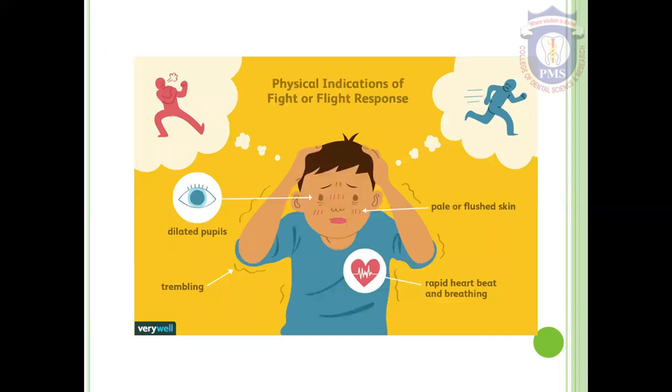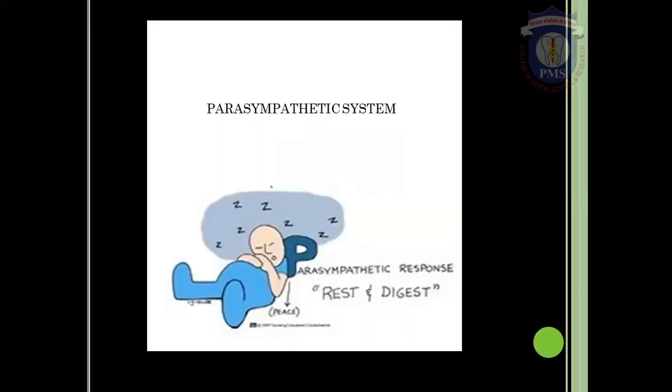It is the agent which helps us in the fight or flight response. The parasympathetic system is also known as the system of rest and digest. The main neurotransmitter involved in the parasympathetic system is acetylcholine.